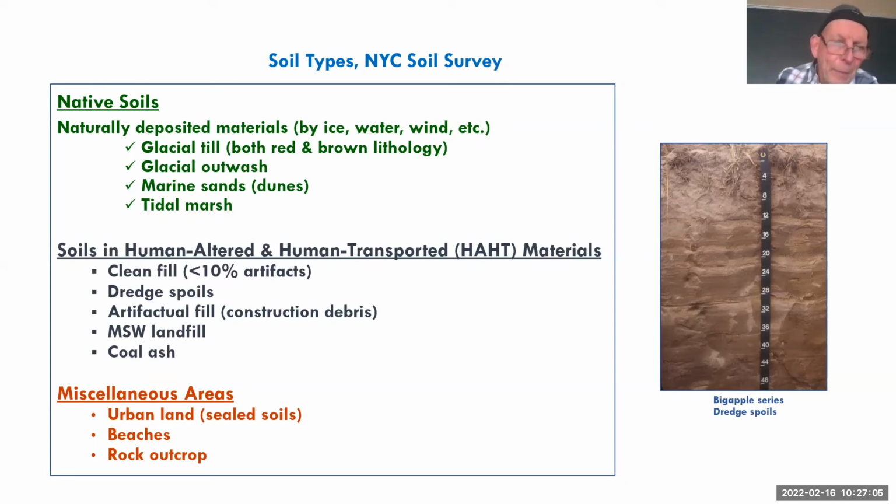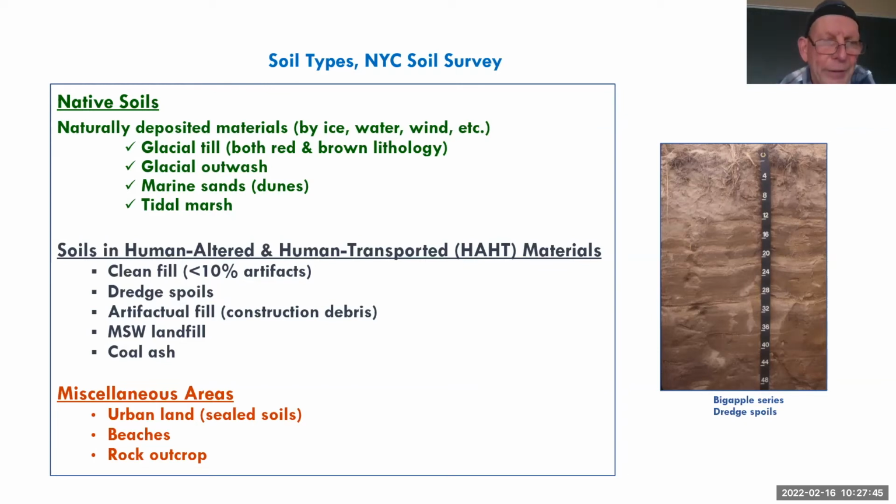Human altered would be a soil that was physically disturbed, maybe the horizonation altered, maybe thrown back in the hole. Human transported is when fill material was brought in from outside that area and a new parent material created. And these soils in either human altered or human transported materials include soils with clean fill, that is soils without many human artifacts in it, and soils in dredge spoils, okay? A lot of areas were dredged and the stuff put on land, okay?